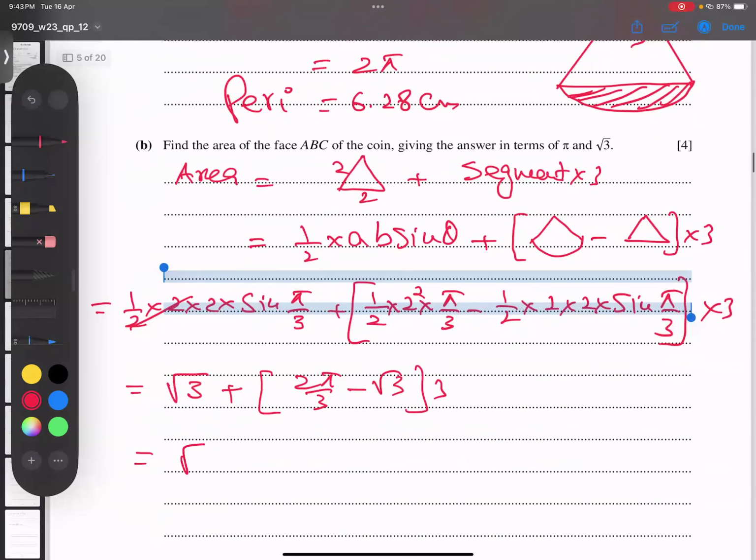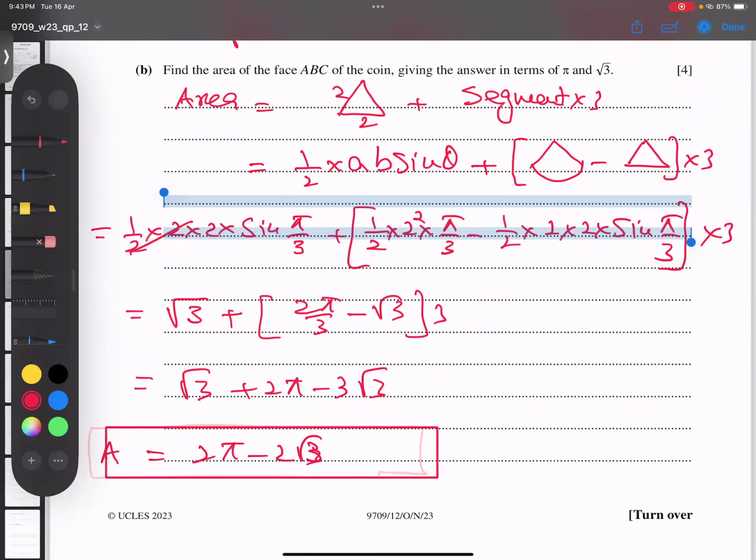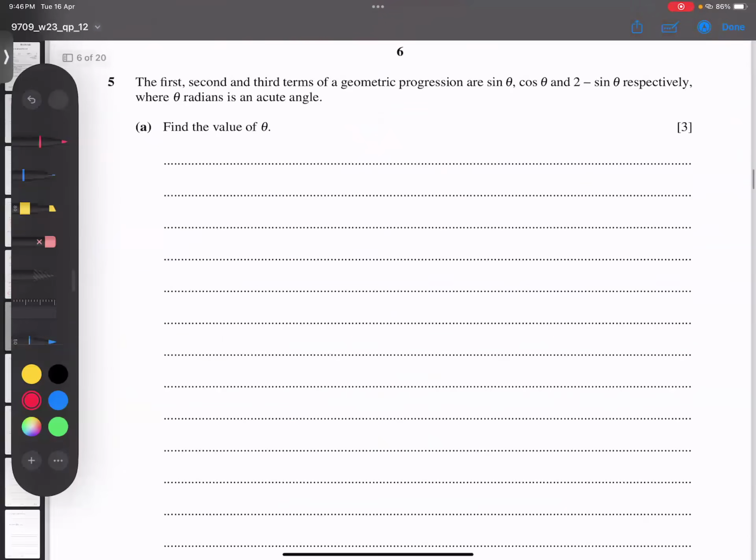Multiplying 3 with both values, I get 2 pi minus 3 root 3, and finally 2 pi minus 2 root 3. I believe this part is clear. So the shaded area is in centimeters squared, and the question said to give the answer in root 3 and pi format. I think that is question number 5.